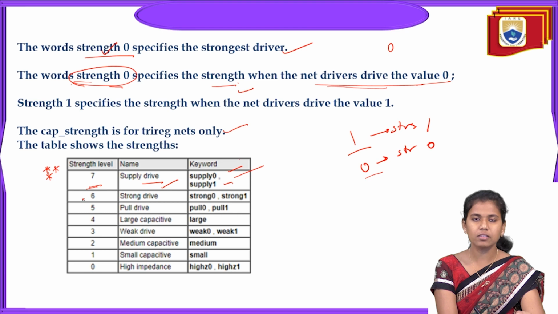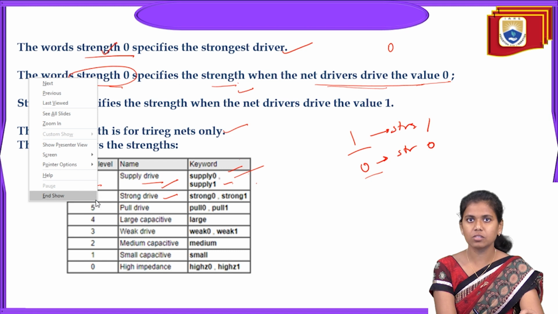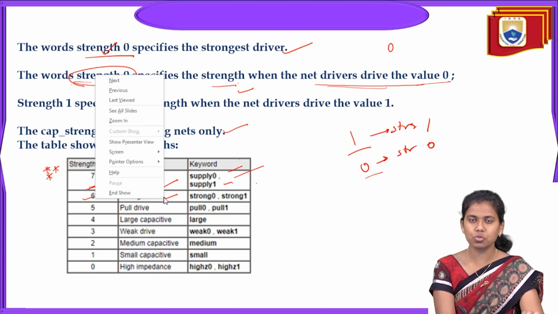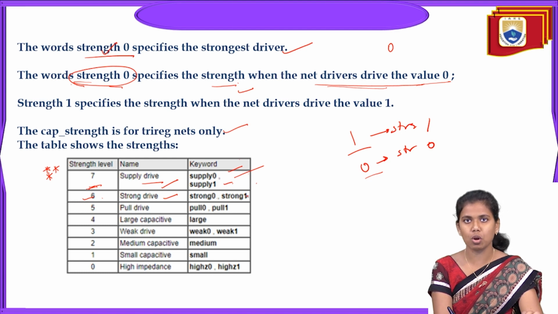Then strength level 6: the name given is strong drive, and the keywords are strong 0 and strong 1.